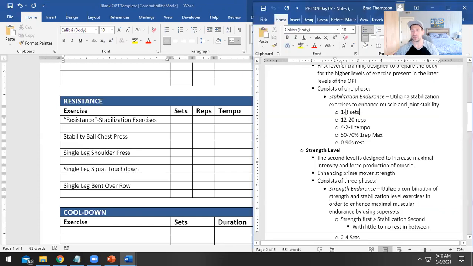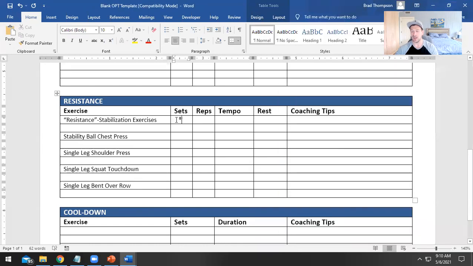But now we've got to look at these ranges right here. So this is going to be 1 to 3 sets of 12 to 20 repetitions, and we're going to do it at a 4-2-1 tempo. We're going to take 0 to 90 seconds of rest, right?